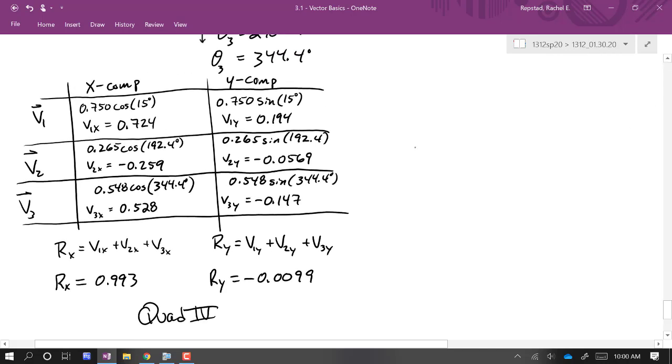So we have a magnitude: 0.993 squared plus negative 0.099 squared.